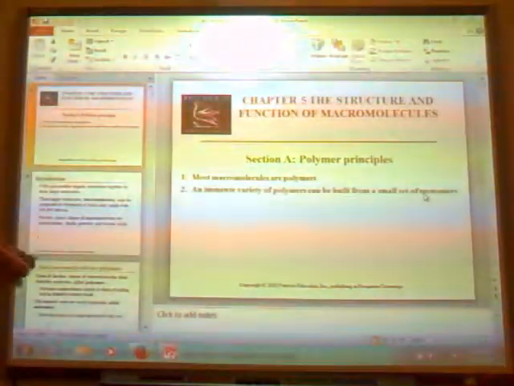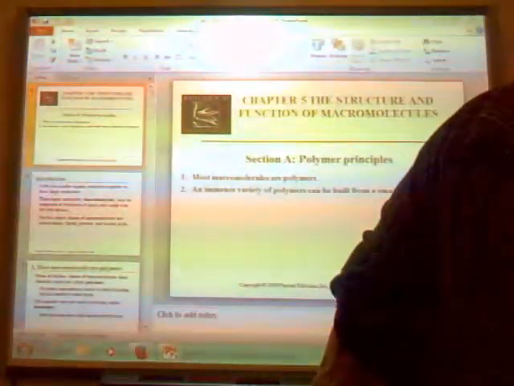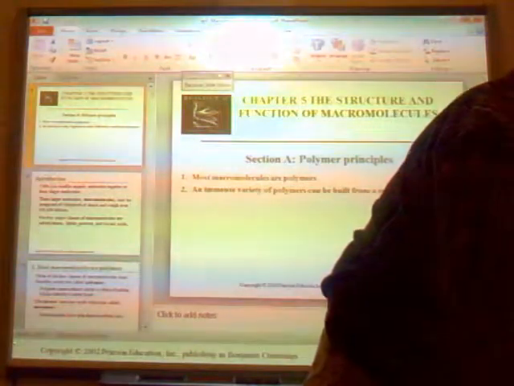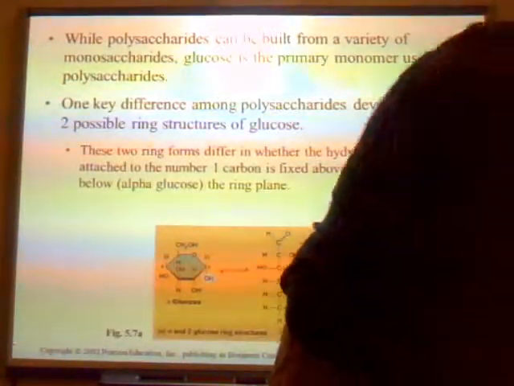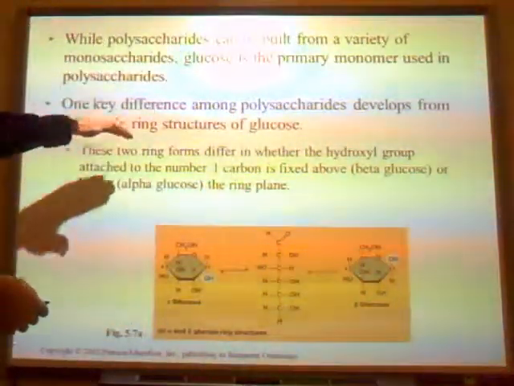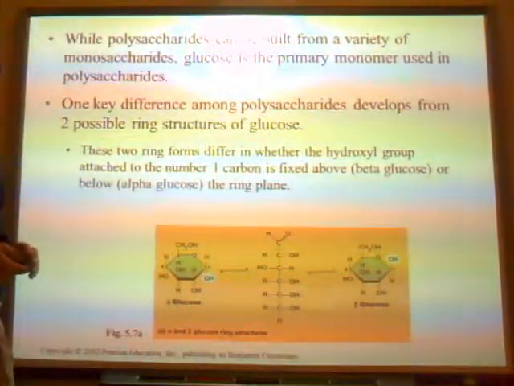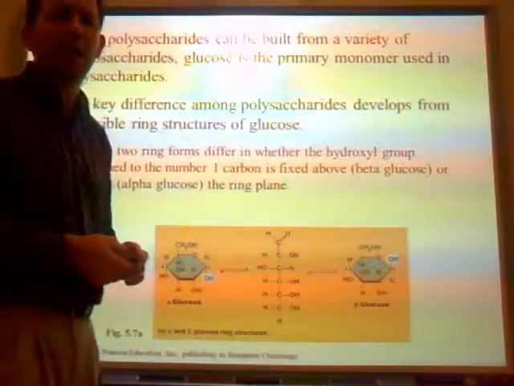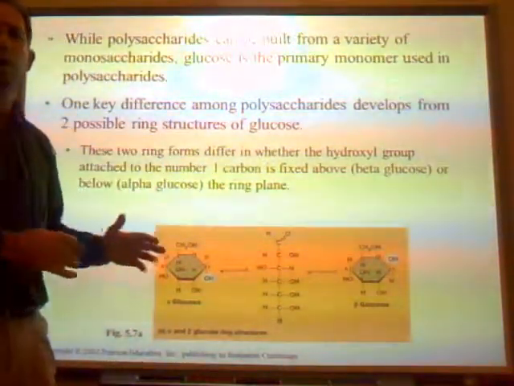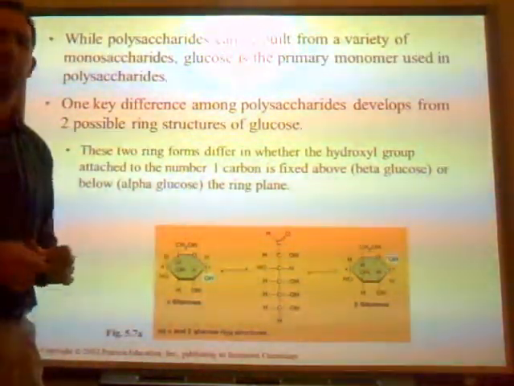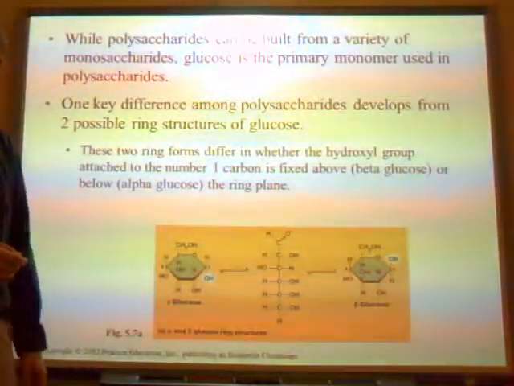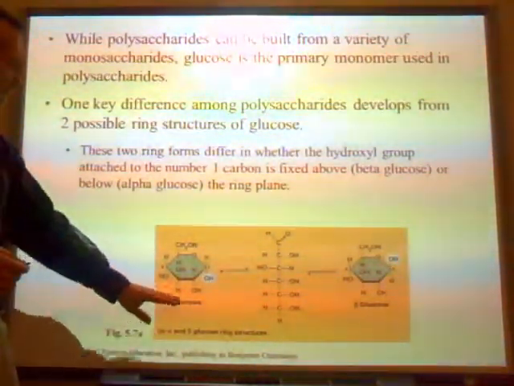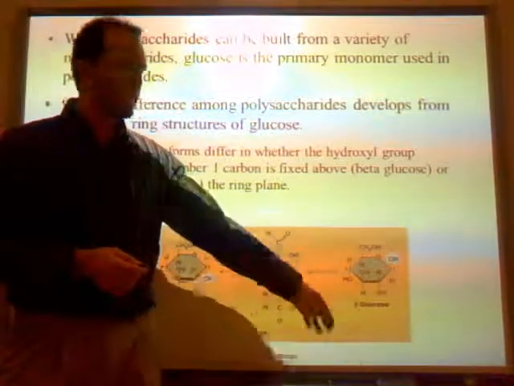So if we look at our slides here, continuing on, we're going to see that there are some differences here in the way these polysaccharides develop because of two different chains that actually occur inside of glucose. Glucose can either form what is called an alpha ring or what is called a beta ring.